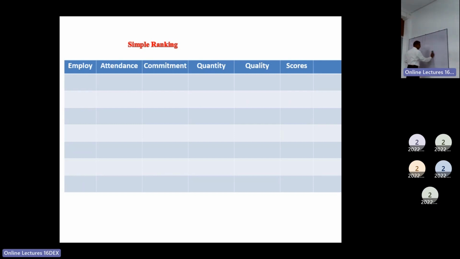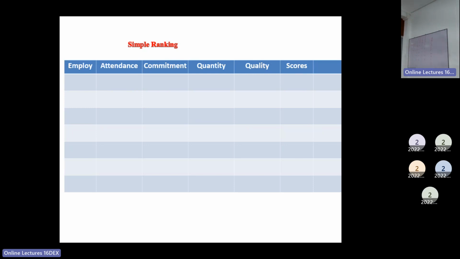Alternative ranking. In alternative ranking, what do you do? Suppose that there are 10 employees, A, B, C, D, E, F, G, H, I, J. So you are supposed to rank them from best to worst by using alternative ranking.